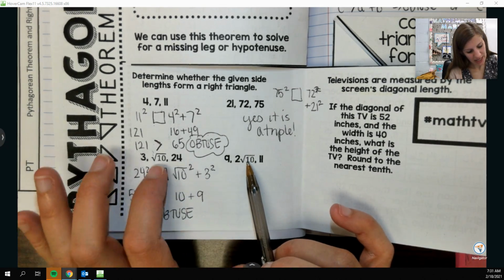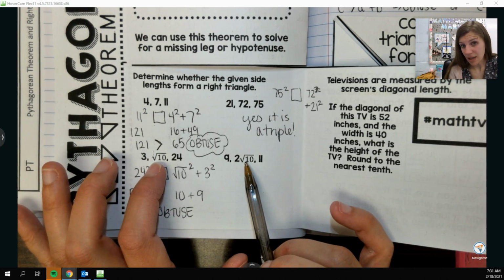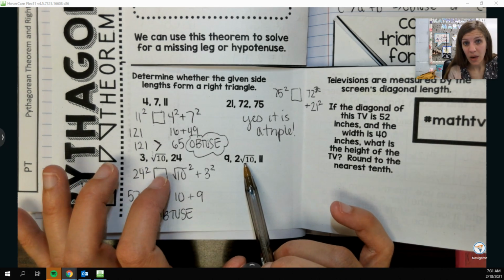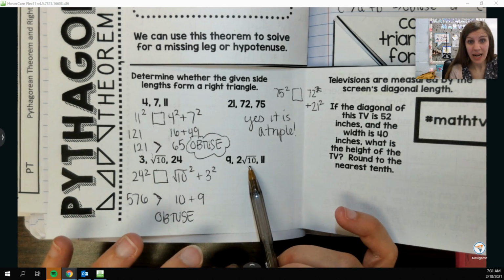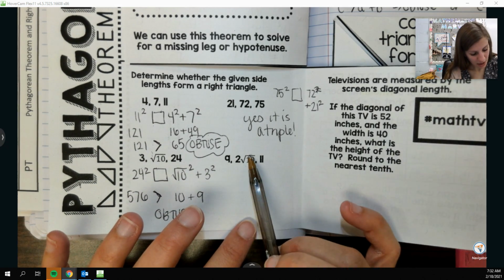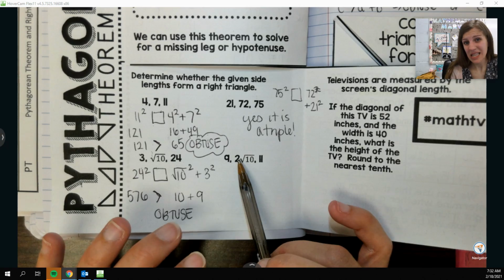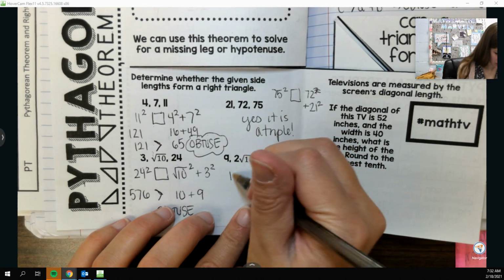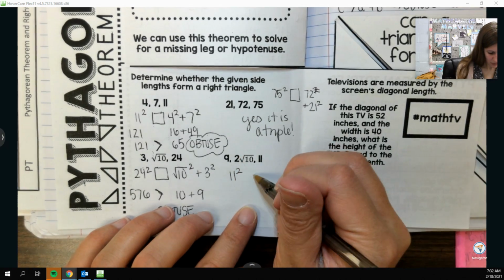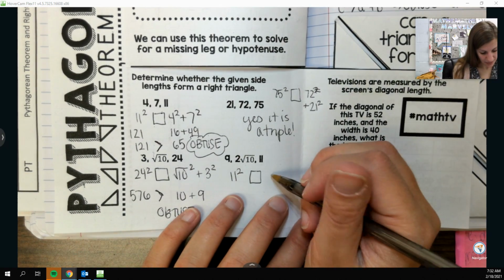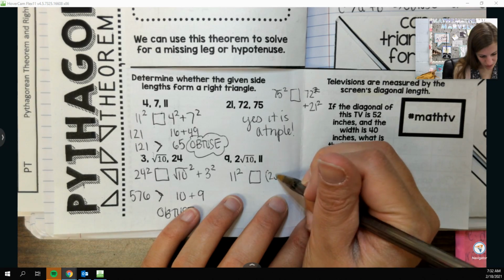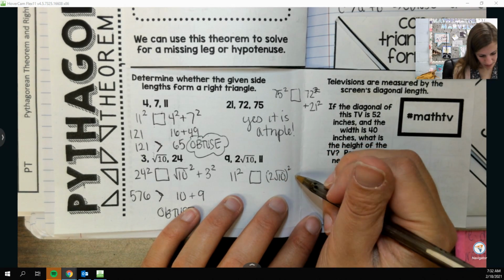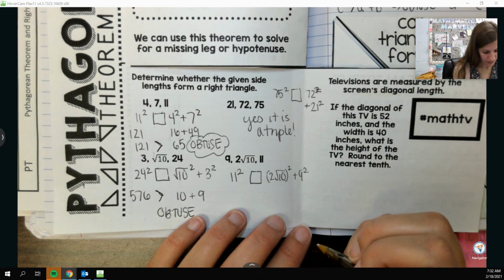Now, again, root 10 I said over here was about 3, like a little bit more, but not 4, because again, the square root of 9 is 3. And a 3 smashed up against a 2 is 6-ish, so definitely not the longest. So we'll do 11 by itself. So 11 squared is something to 2 root 10 squared plus 9 squared.